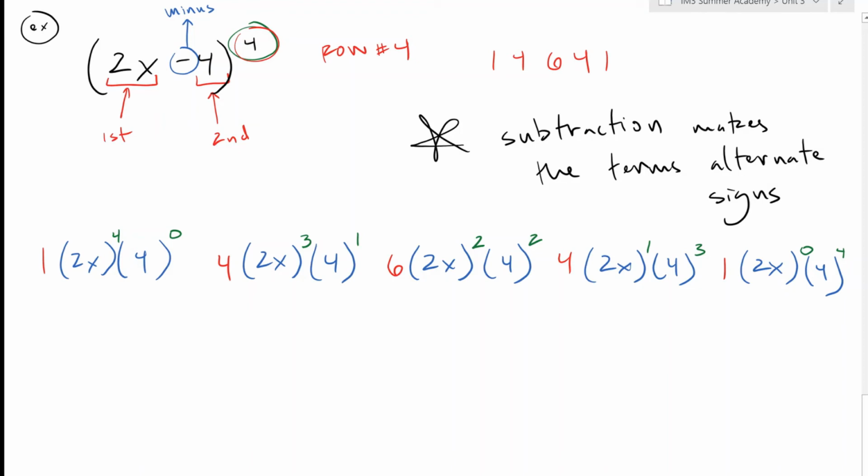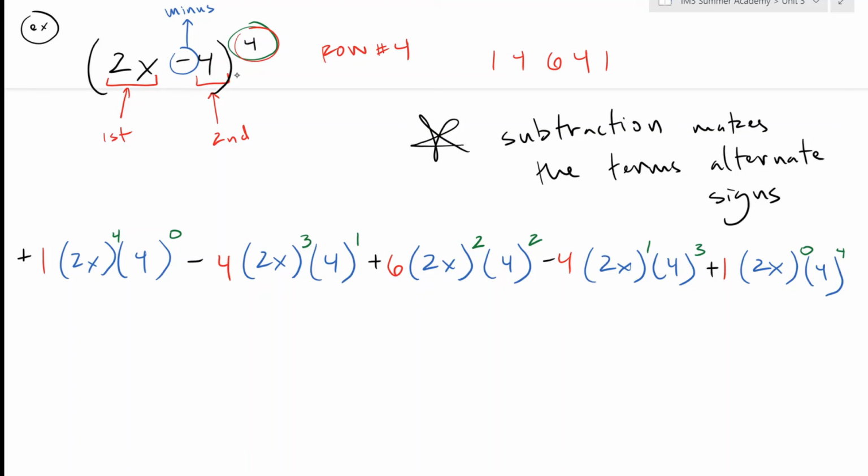Okay, so the first one's going to be positive, second one's negative, positive, negative, positive, and so on and so forth. Negative sign alternates them. All right.